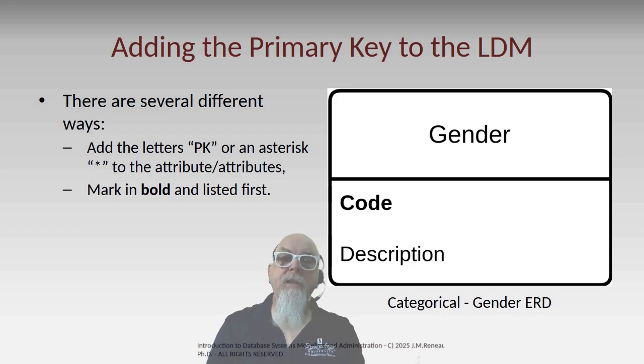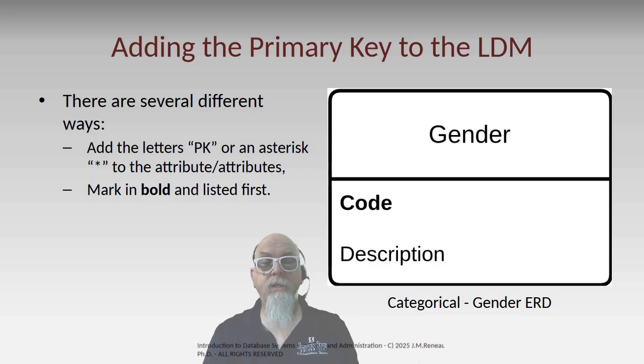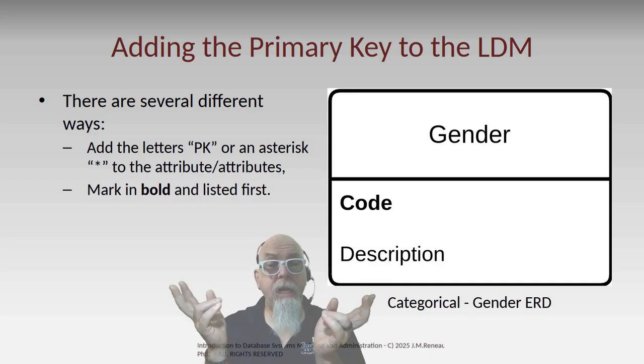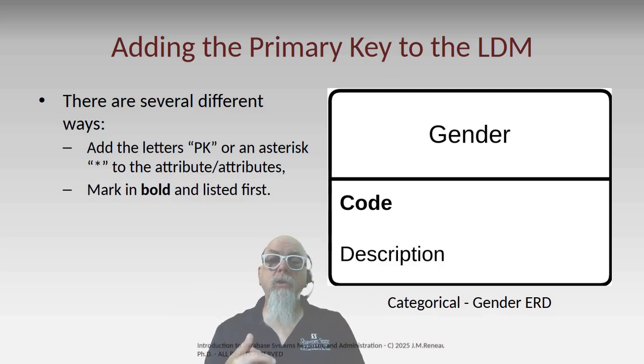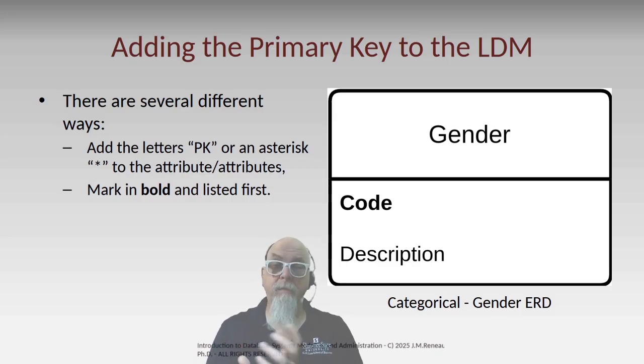So as we move into the logical data model, we need to mark the attributes that are our primary key. There are several different ways to draw these entity shapes in different books, different models, and different software, but this is the way I like to do it, and it's common, and if you understand this you'll be able to pick up on other people's specific diagramming quirks.